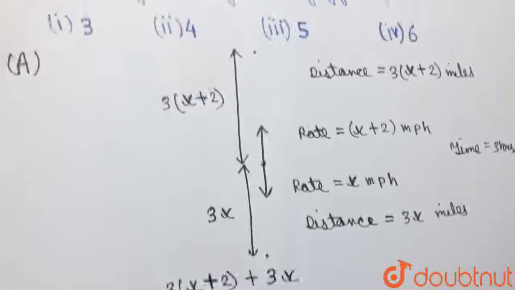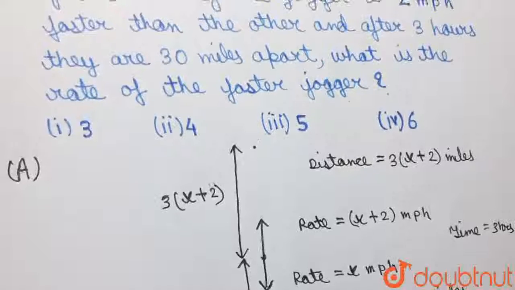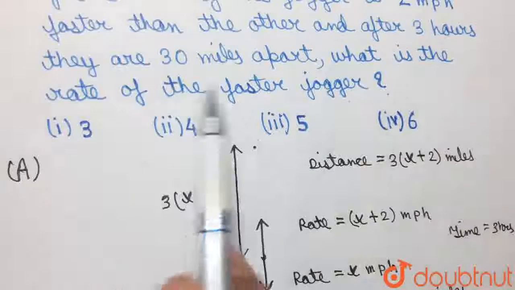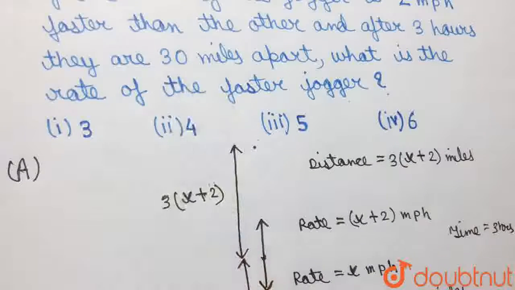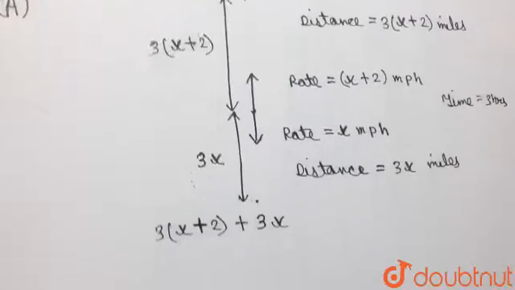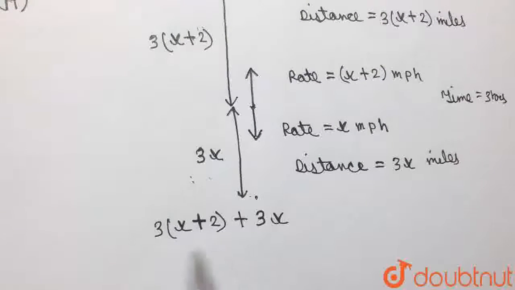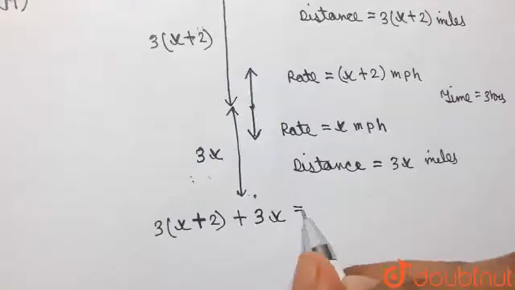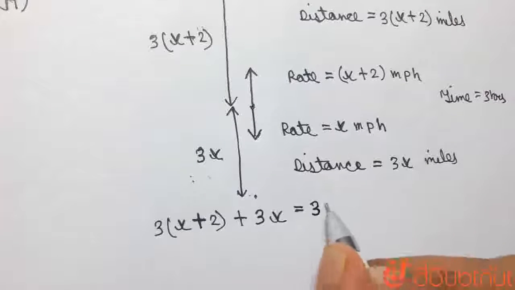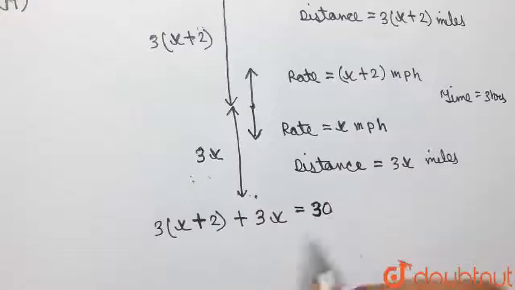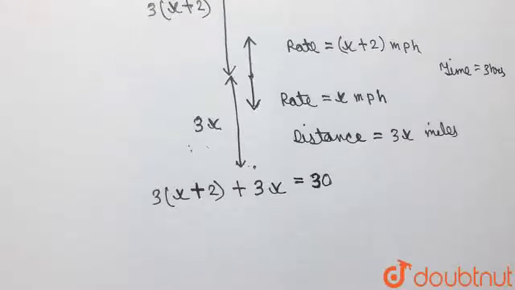Now the question states that after 3 hours they are 30 miles apart, so this expression can be equated to 30. So we have an equation in x from which the value of x can be found.